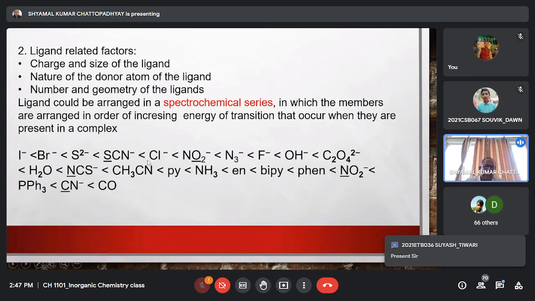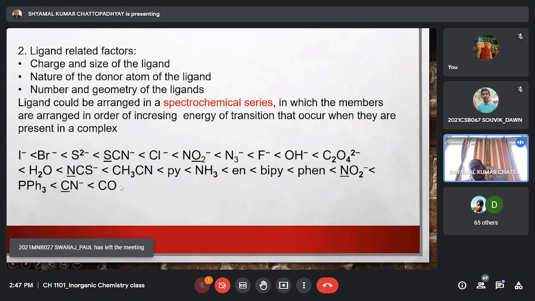And again, you see acetonitrile, carbon monoxide. These are neutral ligands. Carbon monoxide has very little charge separation. From your school chemistry knowledge, in carbon monoxide, carbon and oxygen carry very little charge separation because of the electronic structure of the molecule.